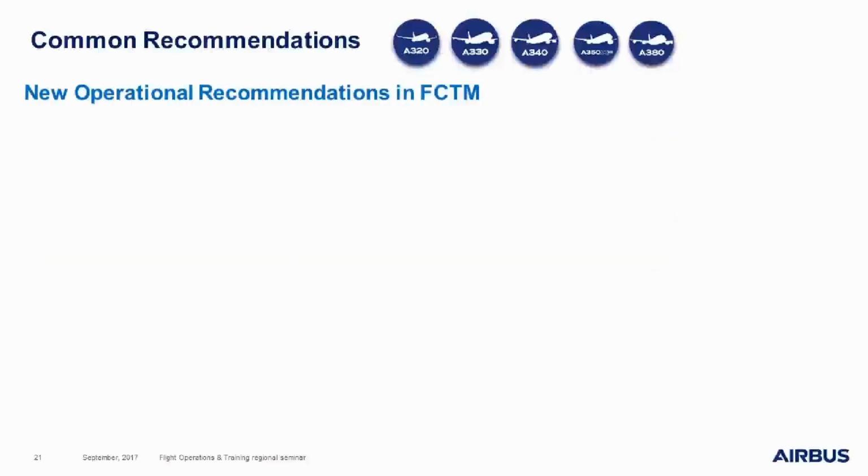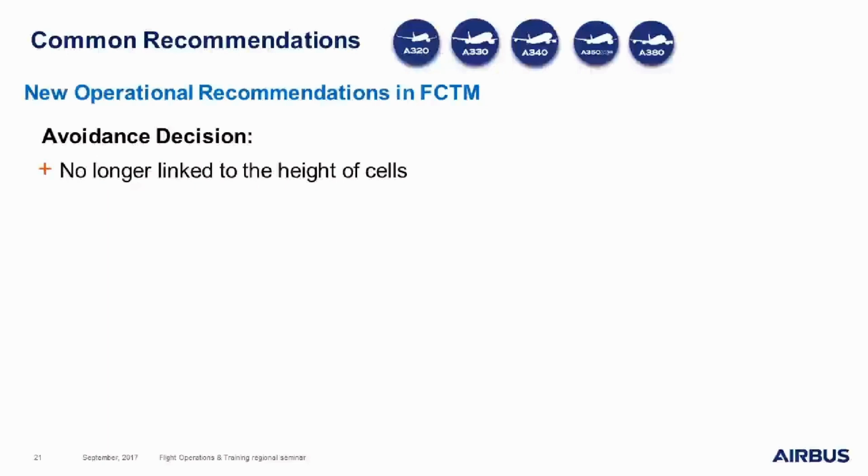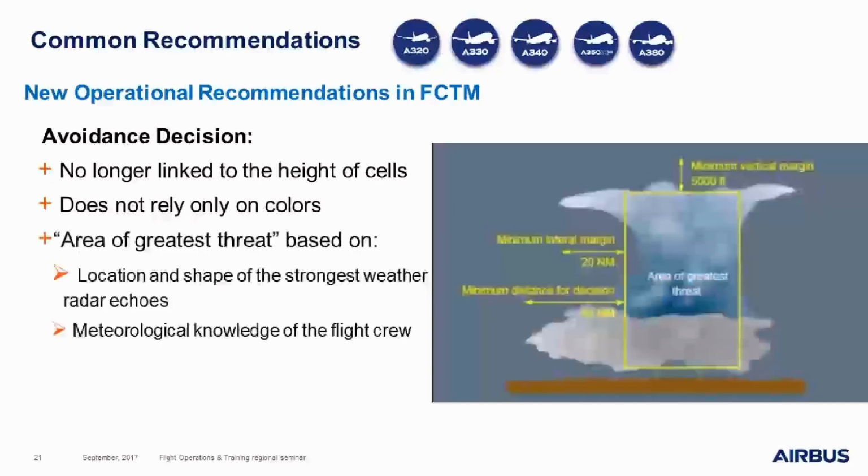In addition, we have new operational recommendations in FCTM for all programs. Regarding avoidance decision, it is no longer linked to the height of the cells, and it does not rely only on colors. We have recently introduced in the FCTM the notion of area of greatest threat. This area of greatest threat is based on the location and shape of the strongest weather radar echoes, but is also based on the meteorological knowledge of the flight crew.